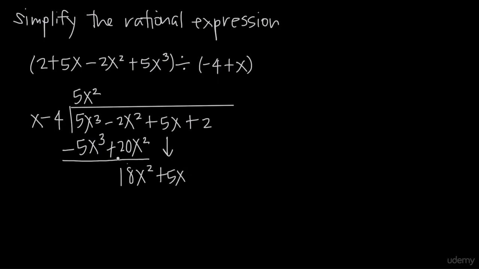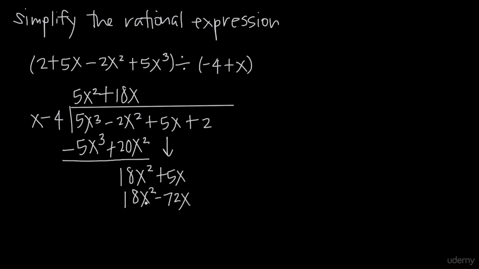Now we look at our first terms again, our first term of x and our first term of 18x squared. What do we have to multiply by x to get 18x squared? Well, that's positive 18x. Now we take positive 18x and multiply it by x minus 4. So 18x times x gives us 18x squared. 18x times -4 gives us -72x.